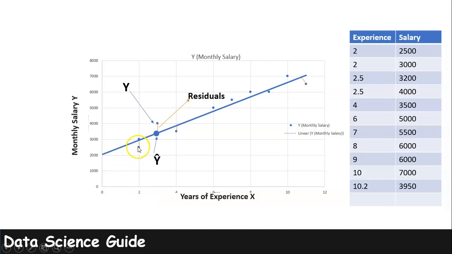So for example, this point located on 2, that means 2 years experience and 2,500 salary, which is the first one. And the second one here, 2 years experience and 3,000 salary, which is the second one, and so on. After that, we draw a line, we call it the slope line of the regression that fits this data.